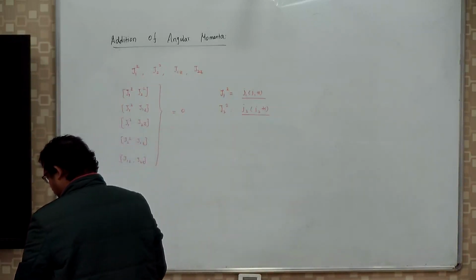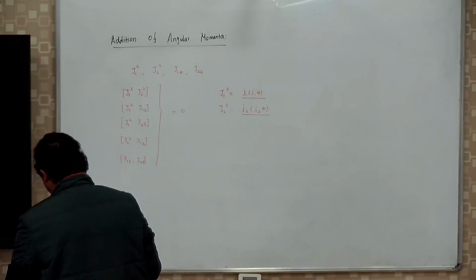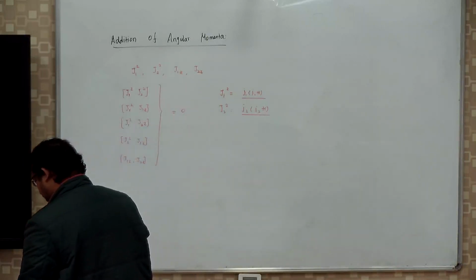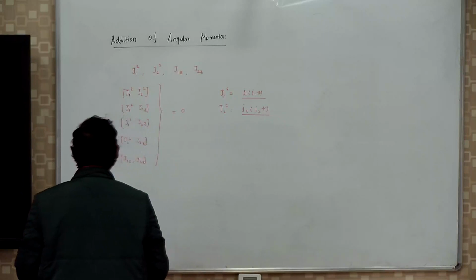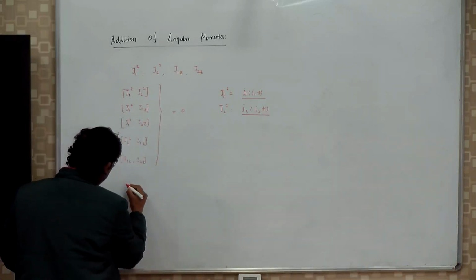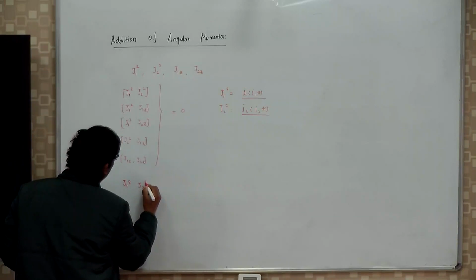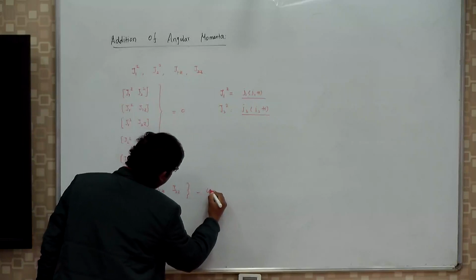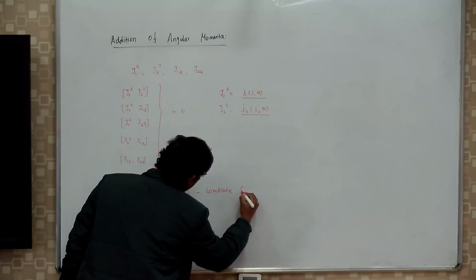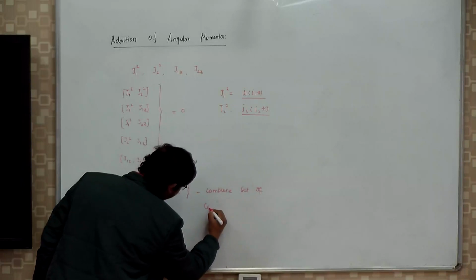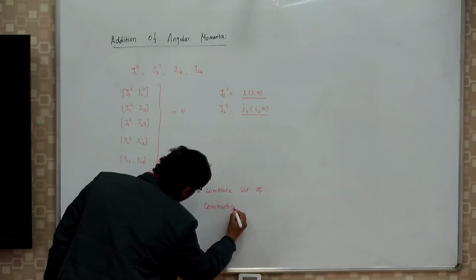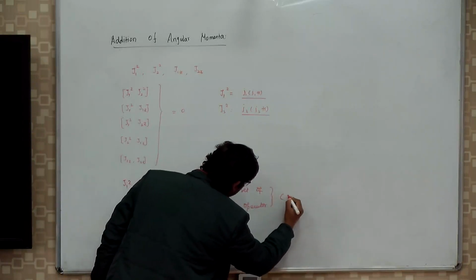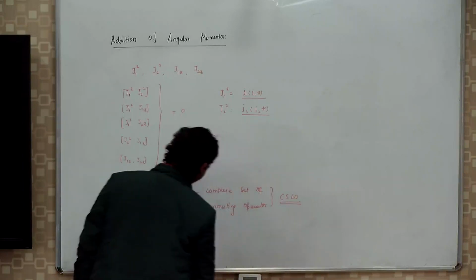If two scalars commute with each other, we get a 0 value. Then we can say these operators, J1 squared, J2 squared, J1z, J2z, are what we call a complete set of commuting operators.